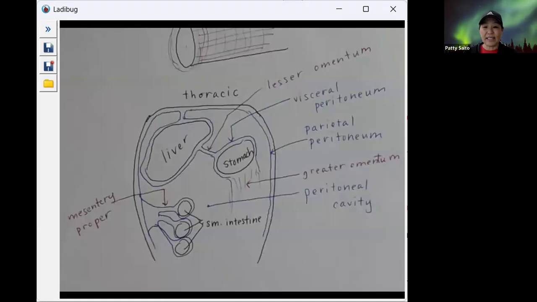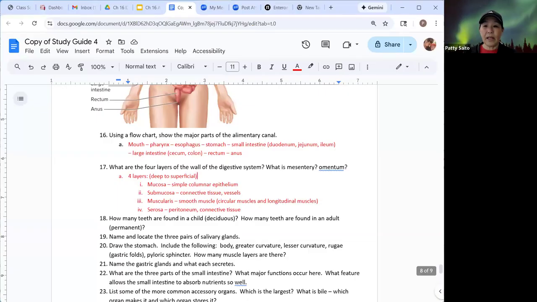So, all right, let's go ahead and go back to our study guide. Okay, and let's see. I'm going to describe now the mesentery and the omentum.